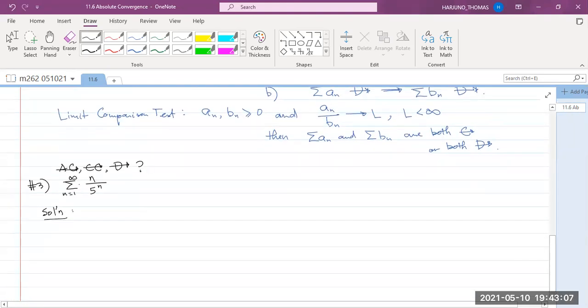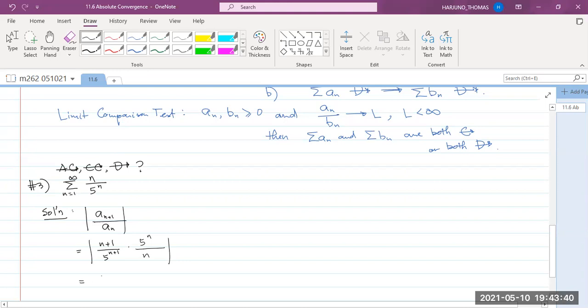Let me use the ratio test. The ratio test will be the absolute value of a sub n plus 1, the next term, divided by the current term. That is equal to n plus 1 over 5 to the n plus 1 times the reciprocal, which is 5 to the n over n. Actually, you will see that I don't need the absolute value.